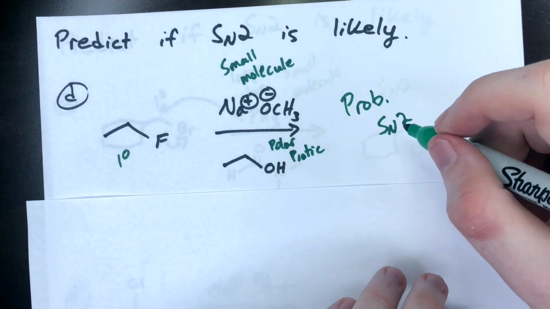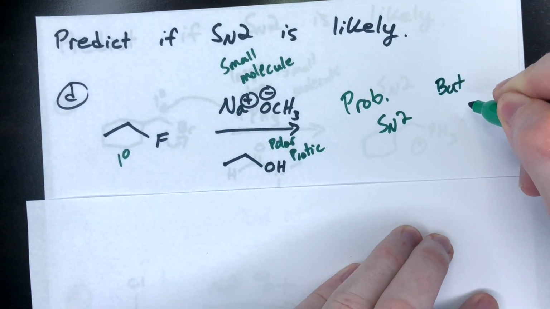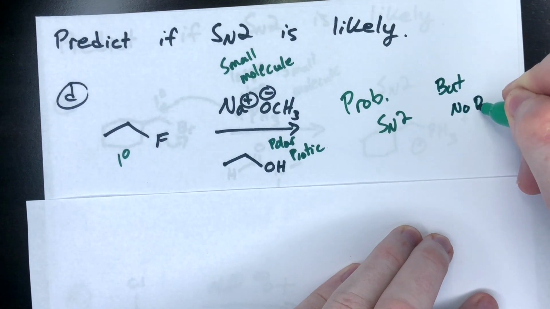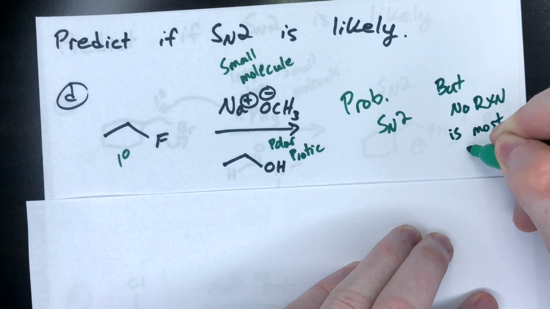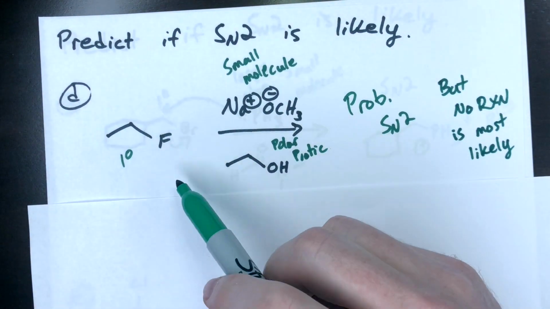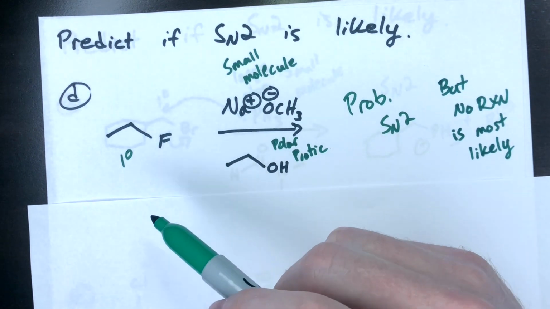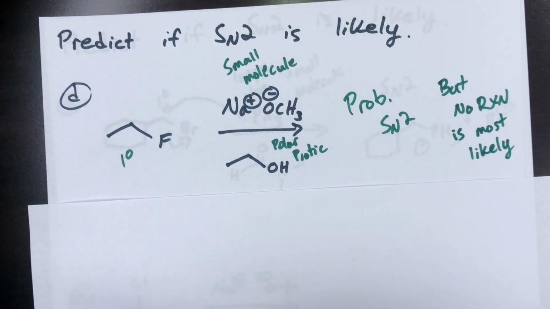So if it's anything, it's SN2, but it's more likely no reaction. If you wanted to do this reaction and you simply replaced fluorine with bromine or iodine, this is probably going to proceed to make the SN2 product.